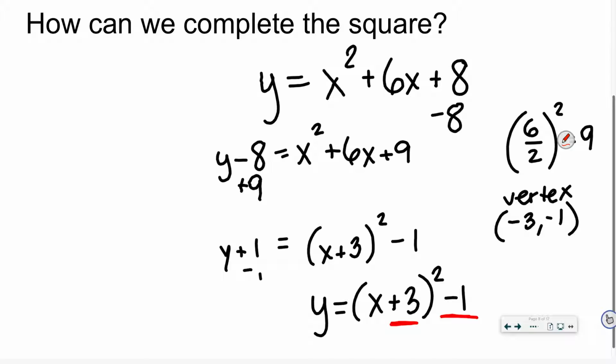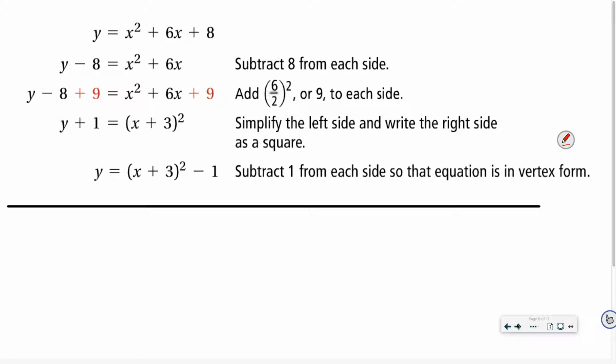So I'm going to show this to you on the next slide, typed out. It's the same thing. Any of the work I just did is there. Don't worry. This is just typed out to show you where it came from. Again, we have this quadratic y equals x squared plus 6x plus 8. We can complete the square to put this into vertex form, subtracting the 8 from both sides. Completing the square with my formula, b divided by 2 squared. Whatever value I add, I make sure I add it to both sides to keep my equation balanced.